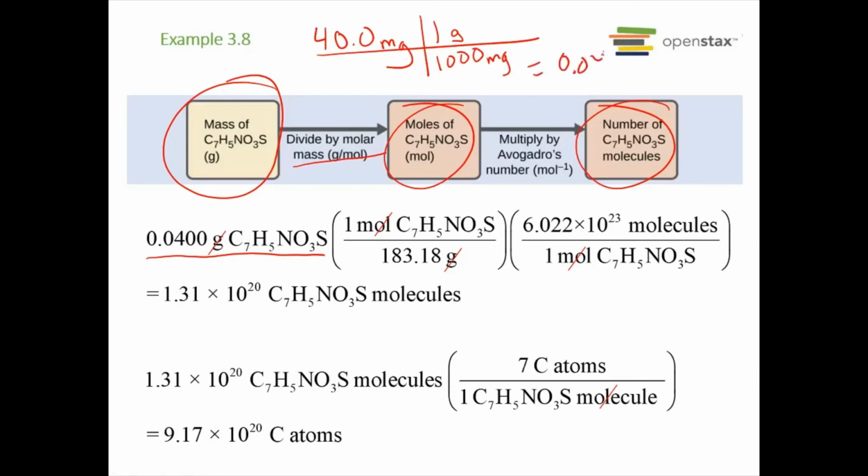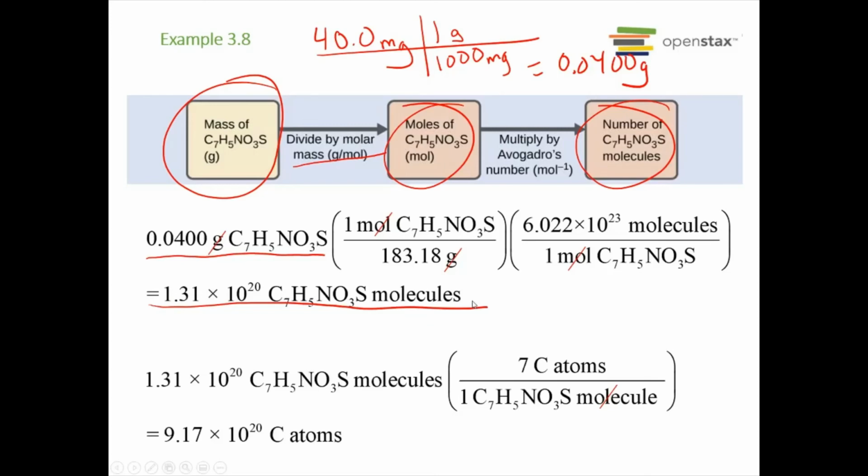And you need to do this because your molar mass is in grams, not in milligrams. Okay, so grams cancel, and then we use Avogadro's number to get us molecules. So then we're told that there's 1.31 times 10 to the 20th saccharin molecules in 40 milligrams.